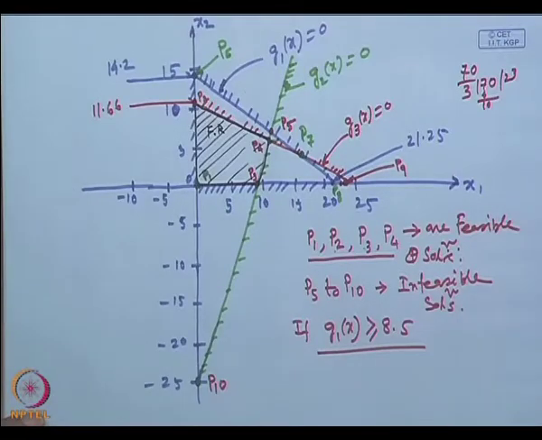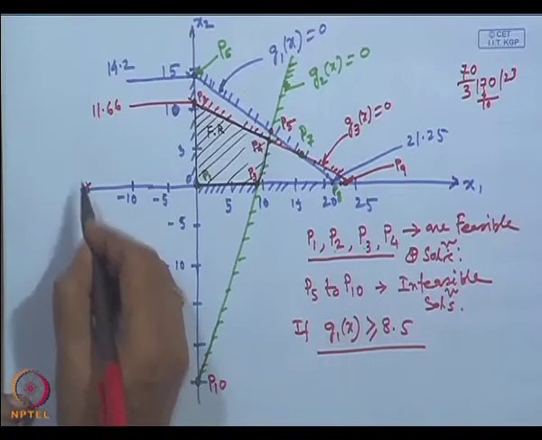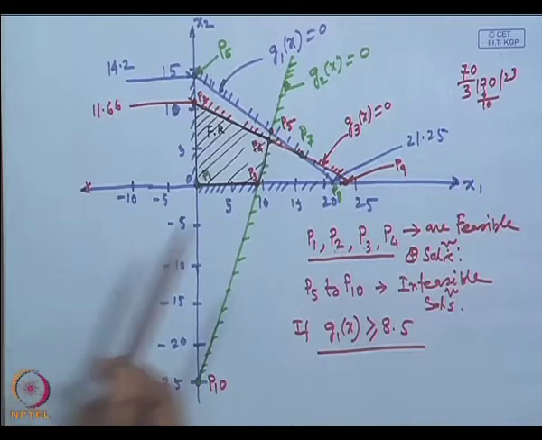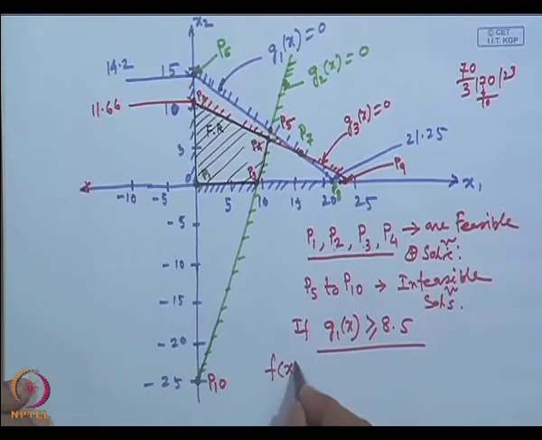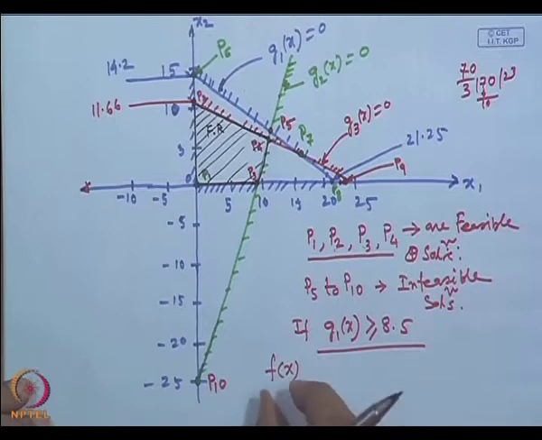Now, let us call what is our minimum value of this function. Our objective function, as we mentioned, is f x. Our problem is to minimize f x subject to this condition, and at what vertex this function will be minimized.